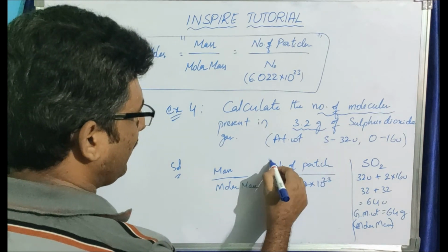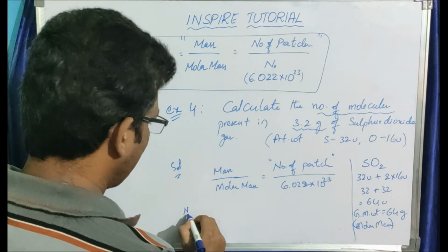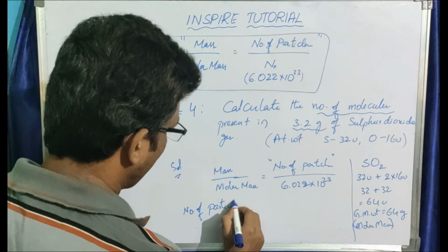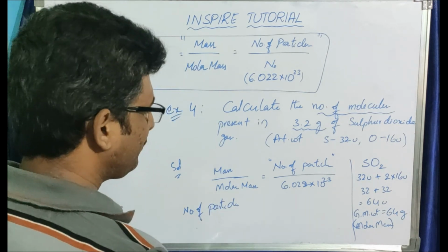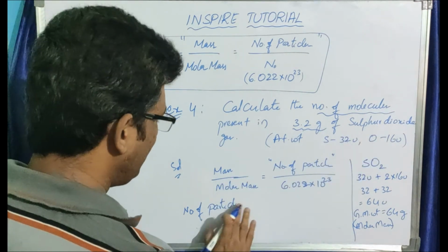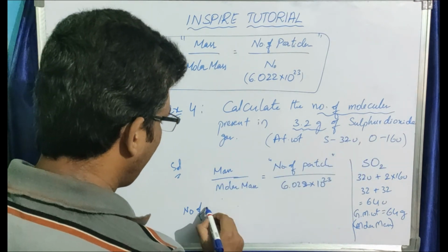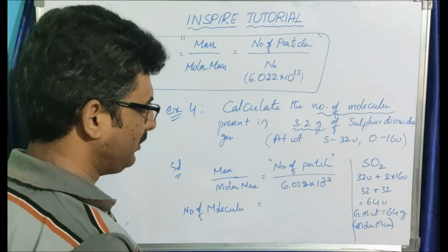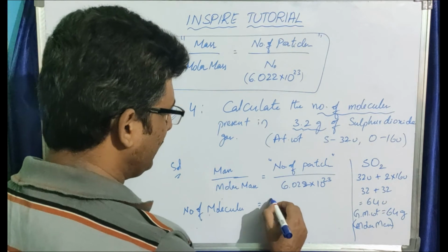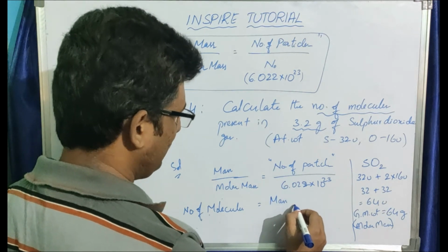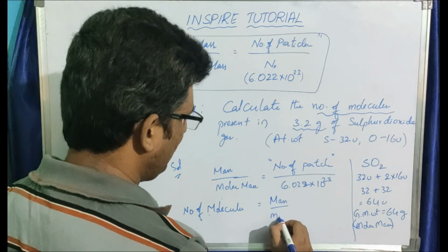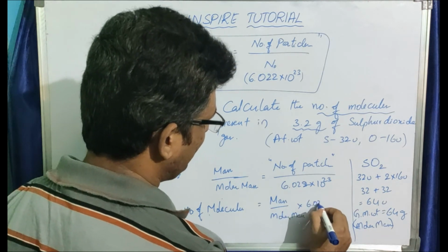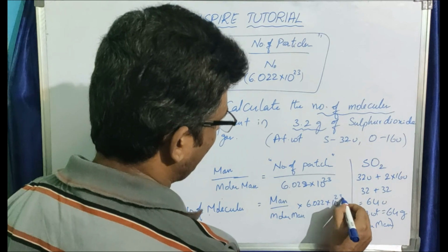So you need to find number of particles. We are talking about sulfur dioxide, so it will contain molecules. So we will find number of molecules equal to, from this we can write, mass by molar mass into 6.022 into 10 power 23.